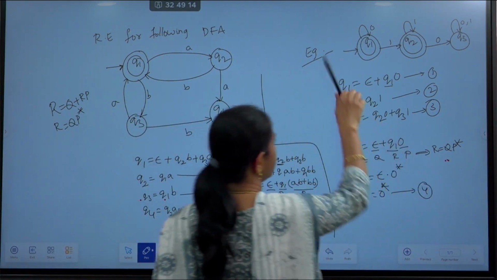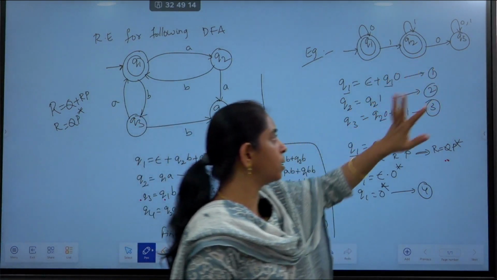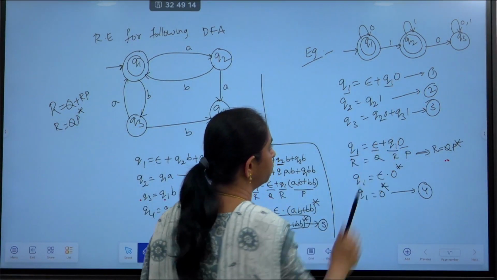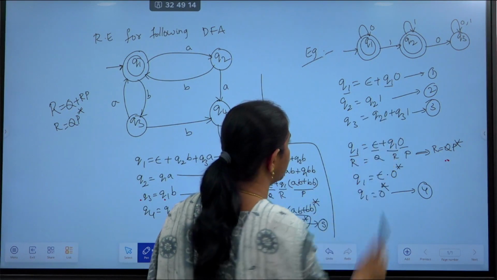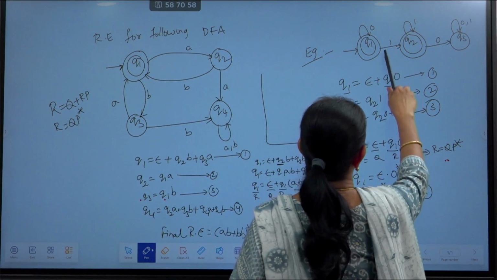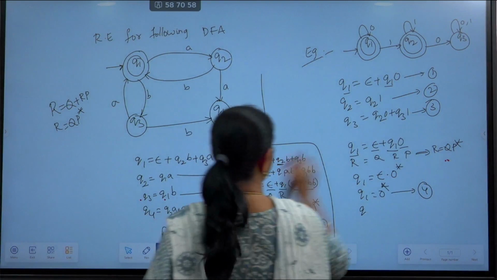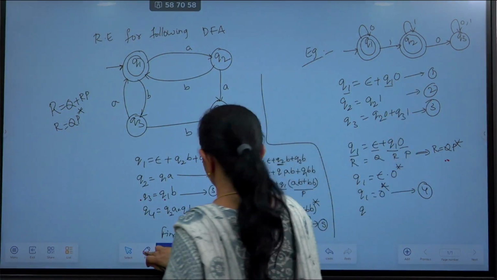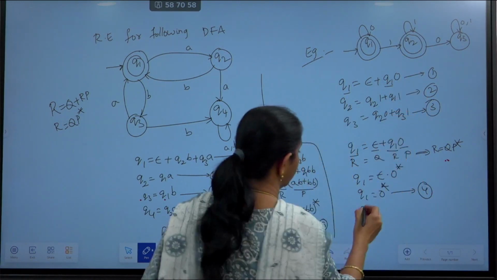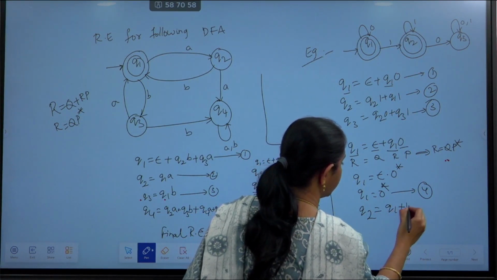We should not stop here, because Q1 is a final state but we have multiple final states. That means we have to reach Q2 also. So what is the value of Q2? Take equation number 2: Q2 equals Q1 1 plus Q2 1. Here we have one more incoming edge, Q1 1 also.